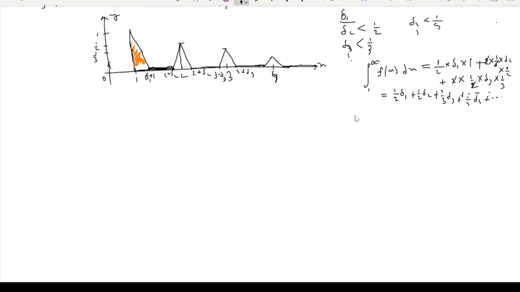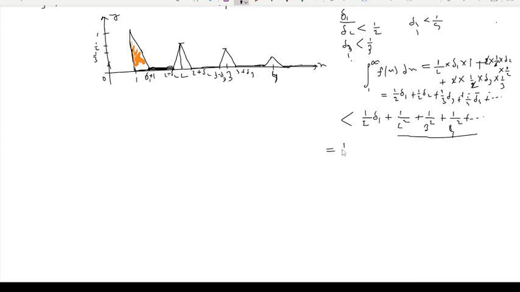Then our value will be less than half delta 1 plus this delta 2 less than half, so this will be half square, then 1 by 3 into delta 3 less than 1 by 3, so this will be 1 by 3 square, then this will be 1 by 4 square, and so on. And clearly this is a p series, from this portion onward there is 1 by n to the power p for p equal to 2.